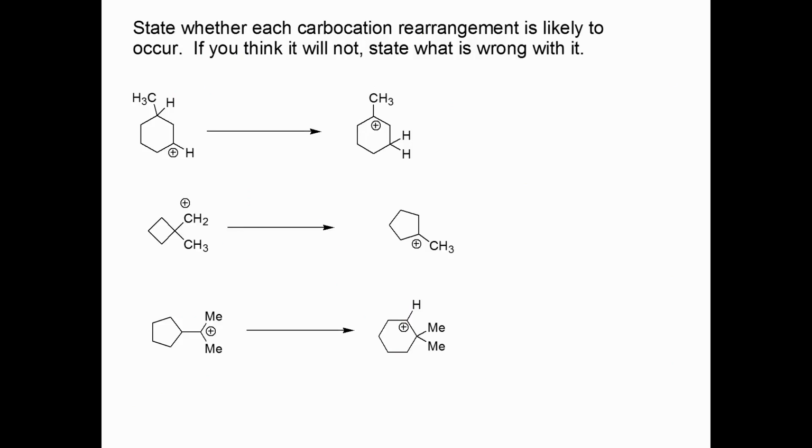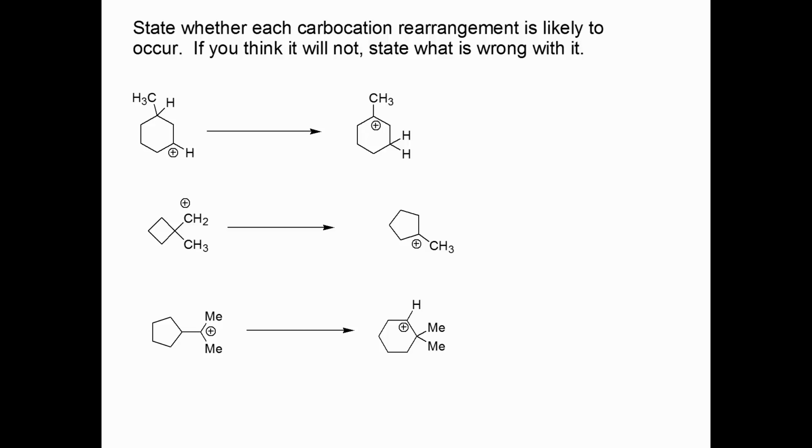First one here is we're going to look at these hypothetical shifts and determine if they can happen. All right, so the general rule, remember, is if we can generate a more stable carbocation by doing a 1,2 hydrogen or a 1,2 alkyl shift, that process is very likely going to happen. All right, so what about this first one?